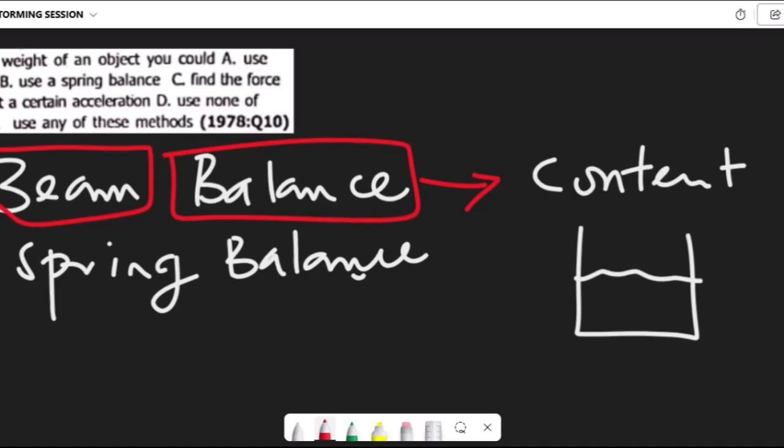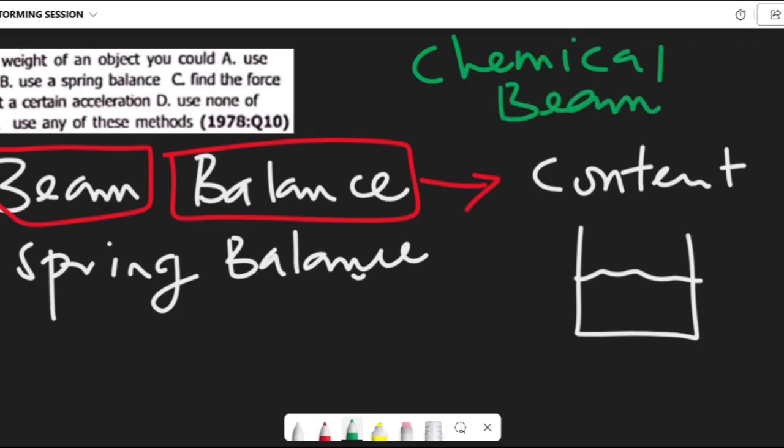Because a beam balance does not really need to know the heaviness of the beaker, rather it only needs to know the content of the beaker. And also we have an advanced beam balance that we call the chemical beam balance. That is an advanced kind of beam balance.